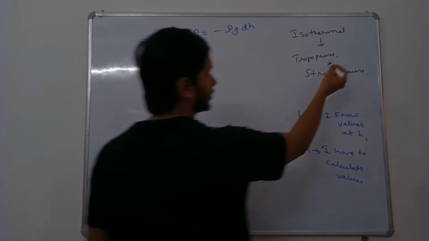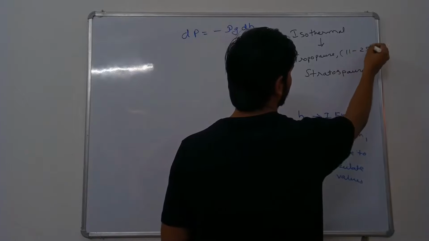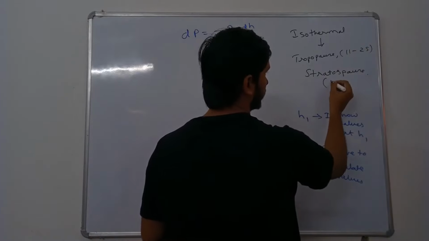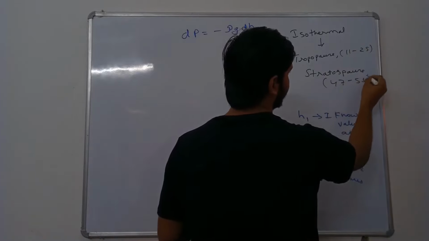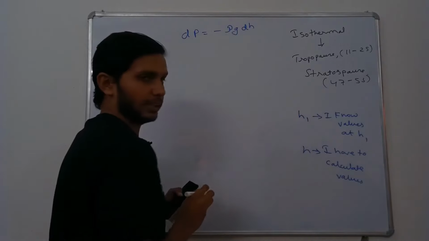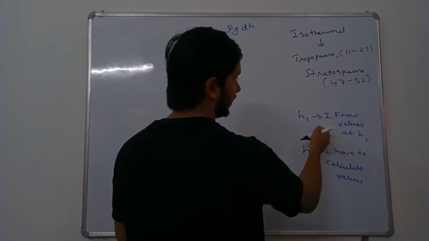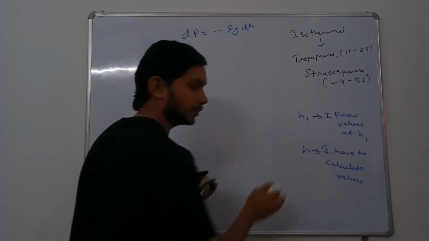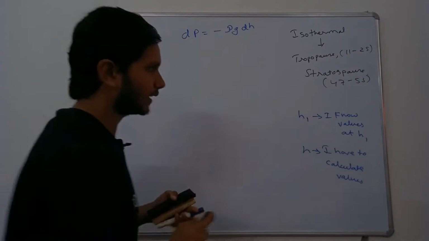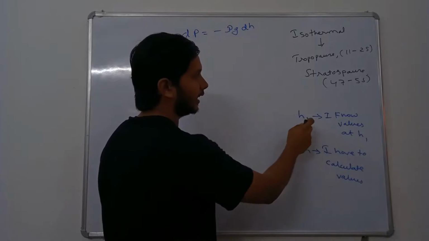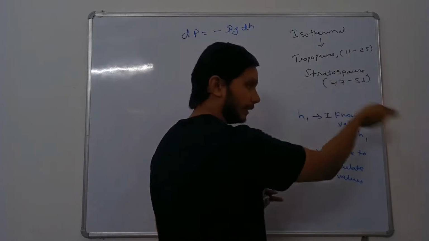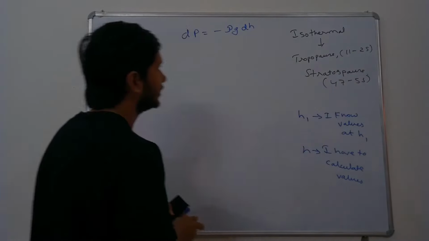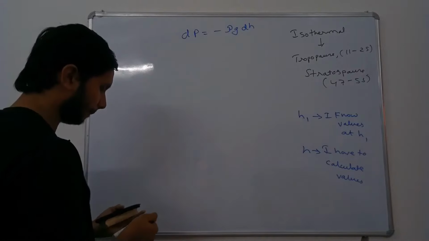Like tropopause, I told you 11 to 25. Stratopause will be 47 to 53. Okay. So suppose you know, like H1 I can take 11, and if you have to find at 15, so 15 will be H. So if you know the values at 11, and how will you know the value at 11? By the gradient layer. Okay. So let's see first the isothermal layer.